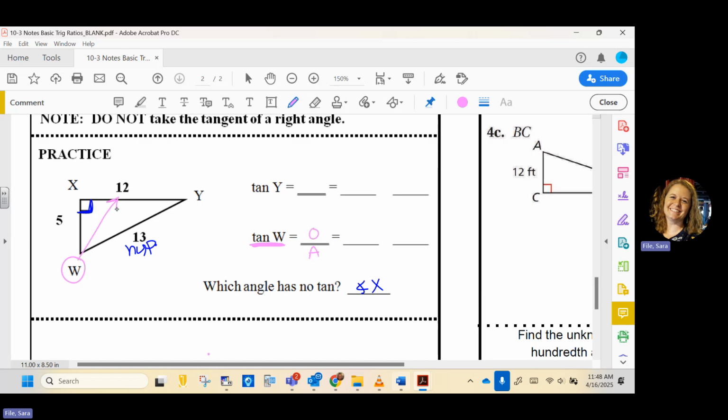So opposite is 12, adjacent is 5. Now, if we were to measure tangent from angle Y, opposite of Y is 5, adjacent to Y is 12. So it's flipped, 5/12 versus 12/5. You will not be able to give tangent from angle X because X is the right angle.